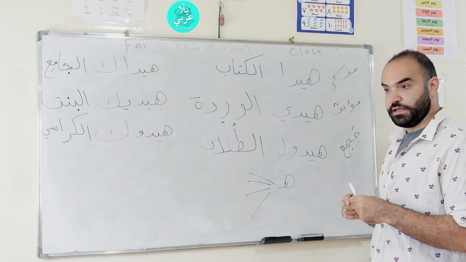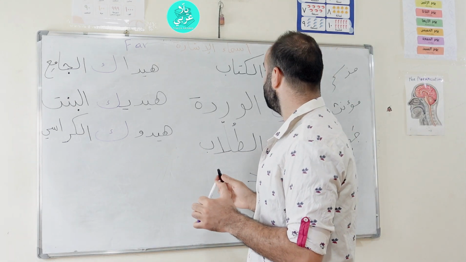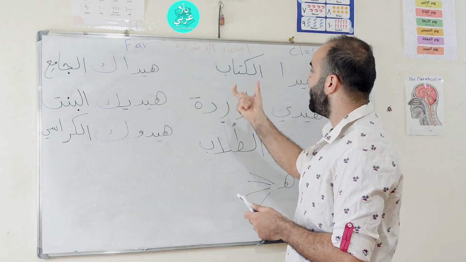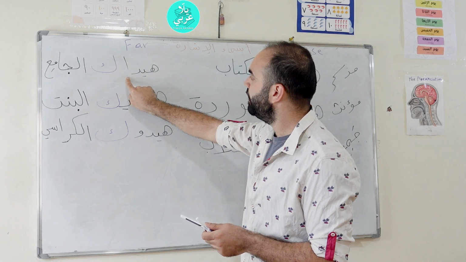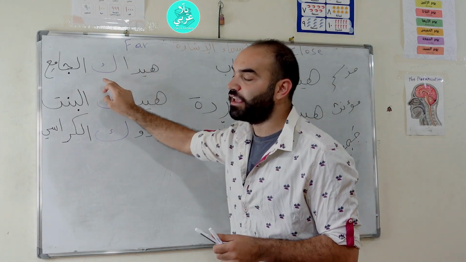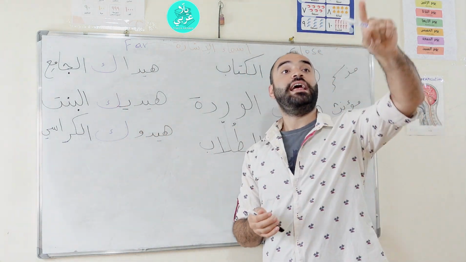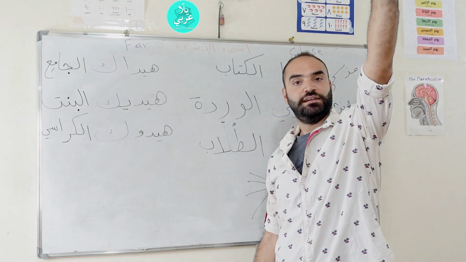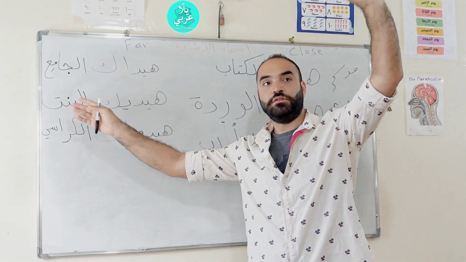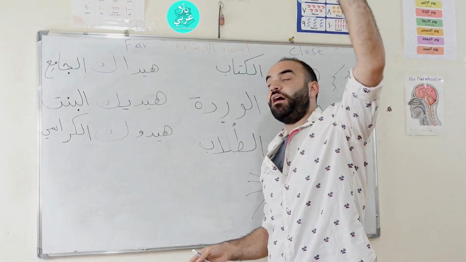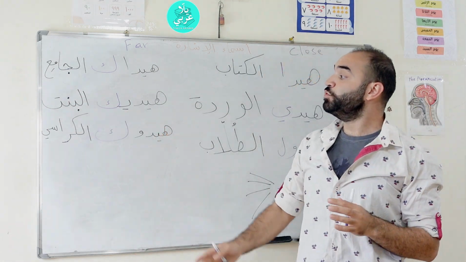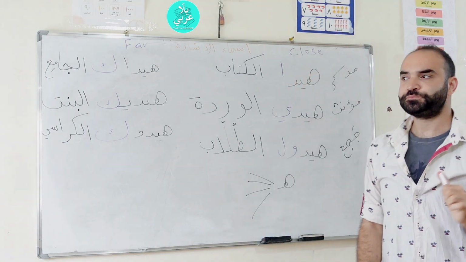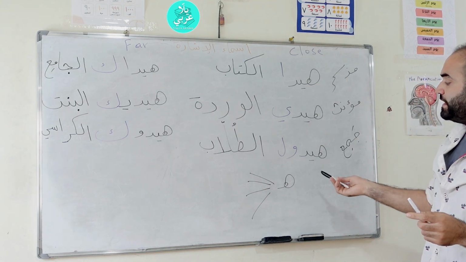Now for the far, we just have the root هيدا and we add k for the far. هيداك الجامع, that mosque. هيديك البنت, that girl or daughter, which is we're talking about something far. هيدوك الكراسي, those chairs.